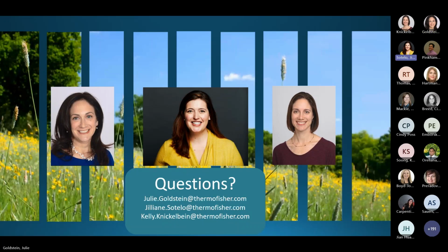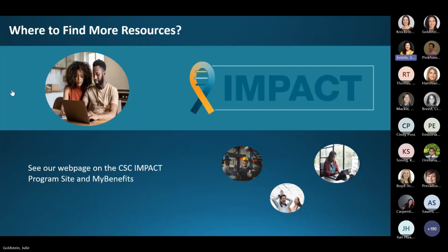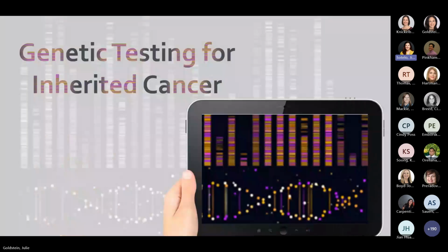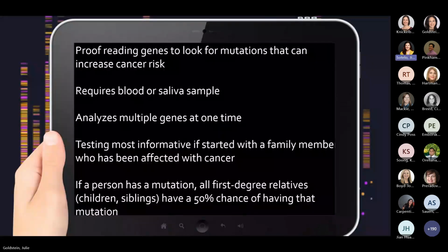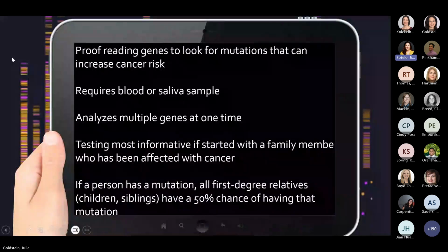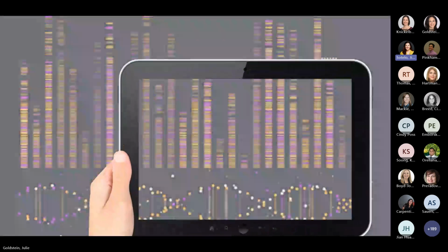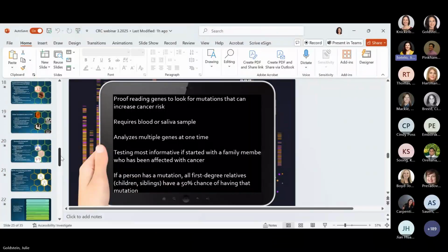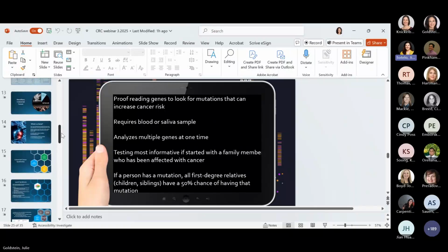Yeah, such a good point. And then also, Julie, I think you still have control of the slides. If you don't mind going back to the symptoms slide, there's been a couple requests for it. And just while you're doing that, another question that had come up is, can you talk a little bit about the genetic testing that's available for cancer genetics versus genetic testing for other types of colon issues like IBS?